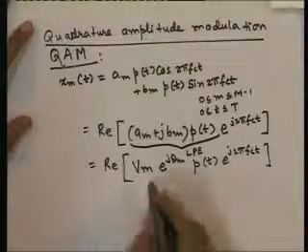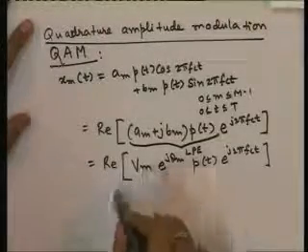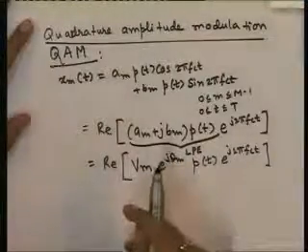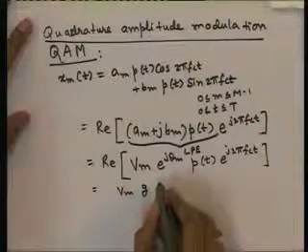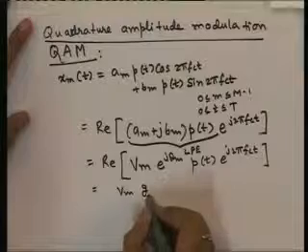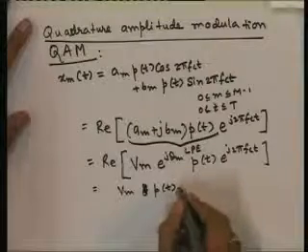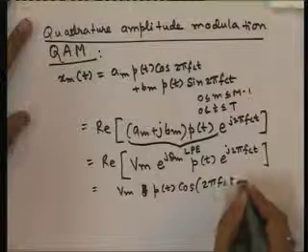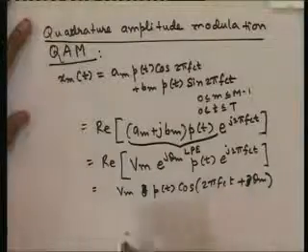For PSK signal set, this Vm was constant. The magnitude of all the signals was same, whereas theta m varied. Here Vm and theta m both may be different for different m. So this can be written as Vm g(t) Vm p(t) cos(2 pi fct plus theta m).